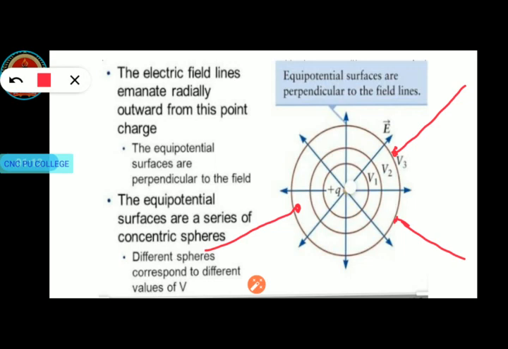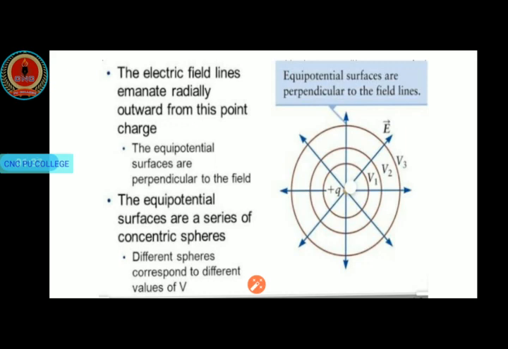Why does the work done remain the same? If we observe the distance of all 3 points, this is the first point, this is the distance of the second point, and this is the distance of the third point. The distance from the source charge is the same for all 3 points, and the test charge remains the same.